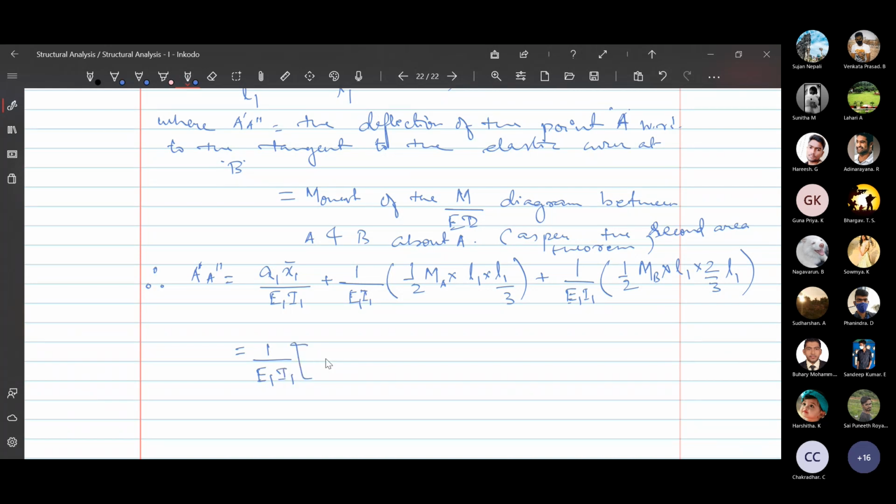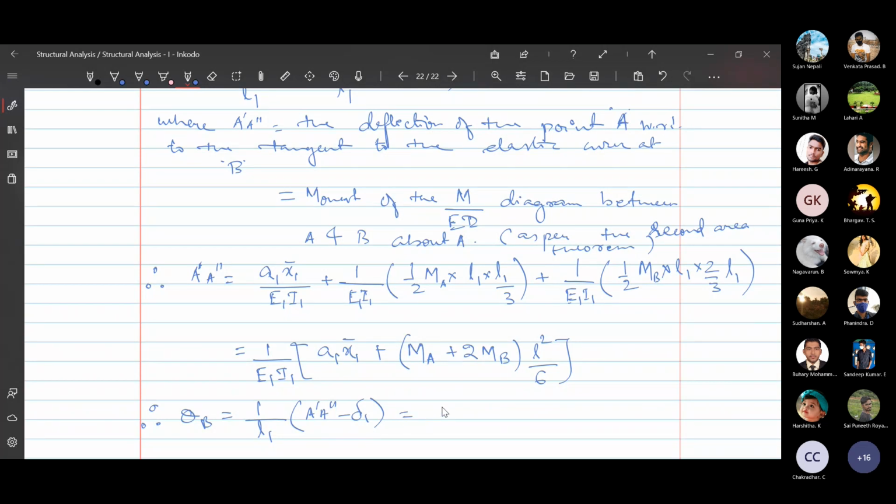If I take 1 by E1 I1 common, then I am left with A1 x1 bar plus (MA plus 2 MB) into L square by 6. Therefore theta B equals 1 by L1 into A dash A double dash minus delta 1.